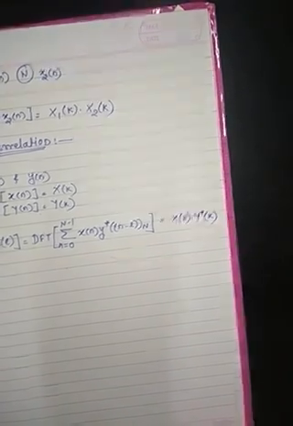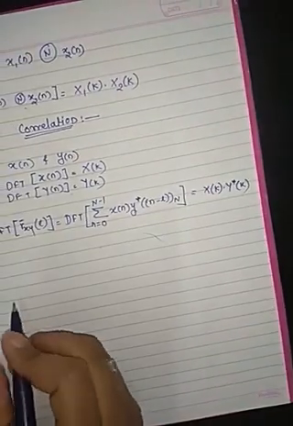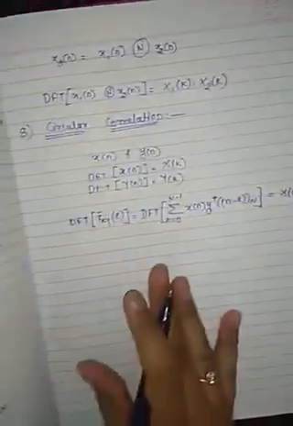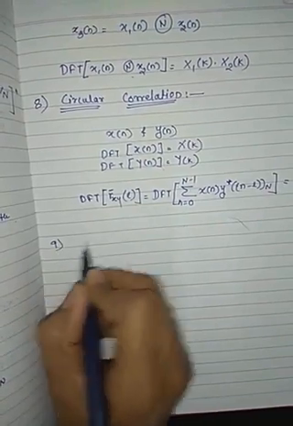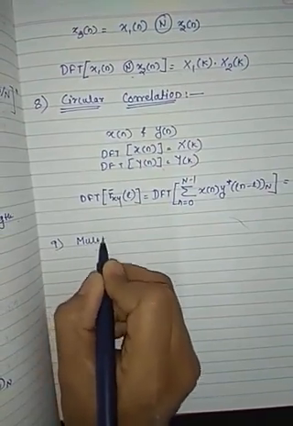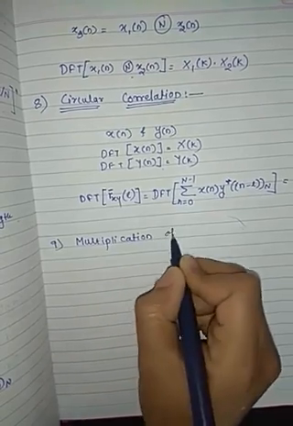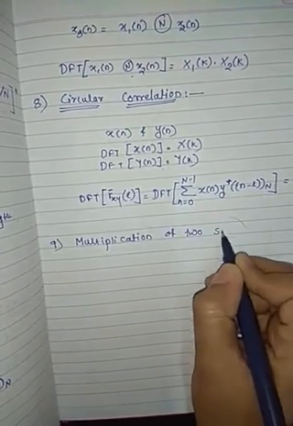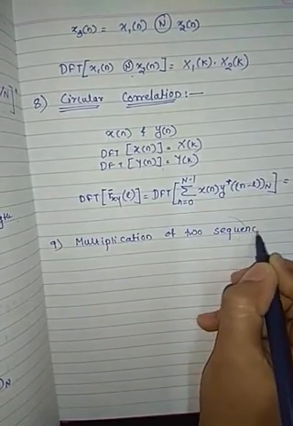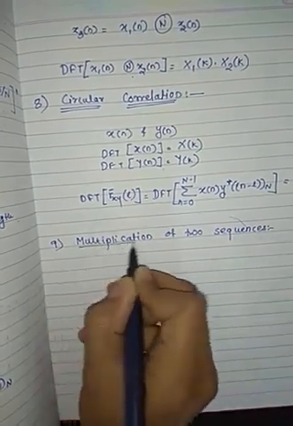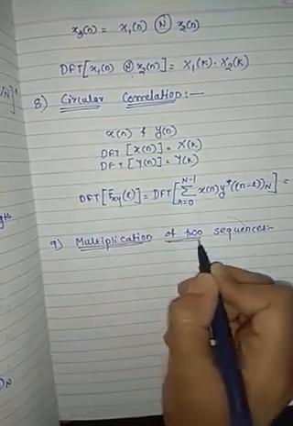Now the next property is the multiplication of two sequences. That is the ninth property. Multiplication of the two sequences.